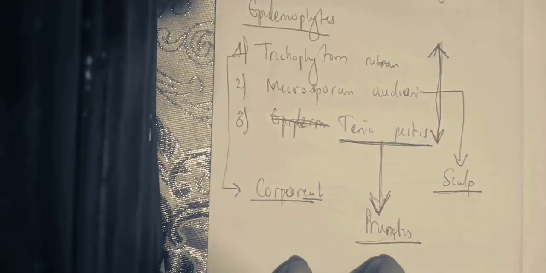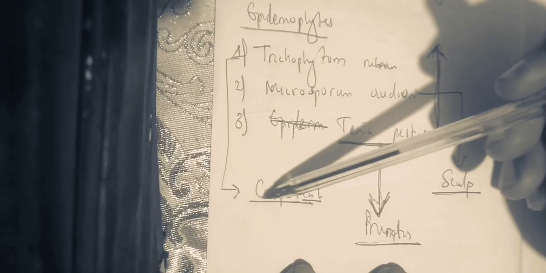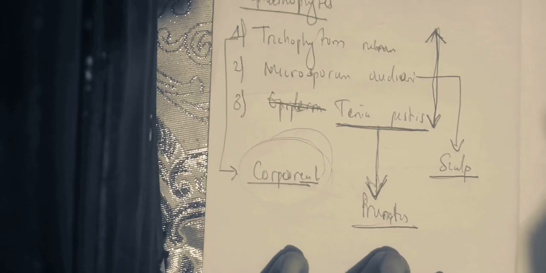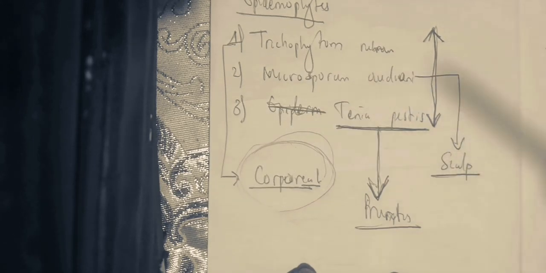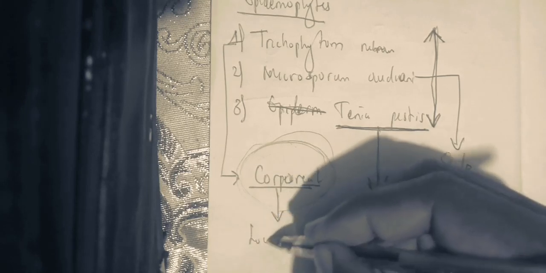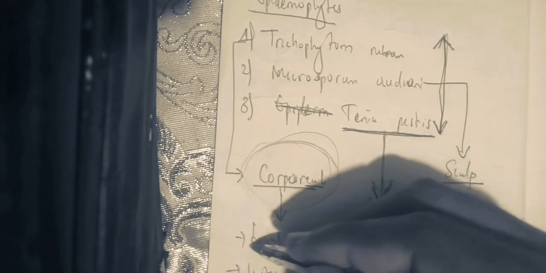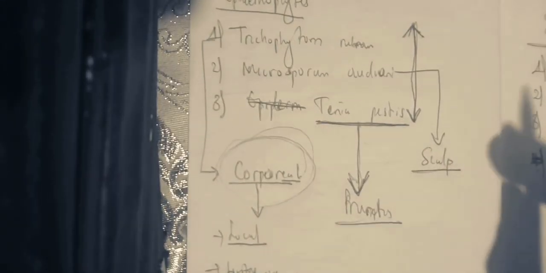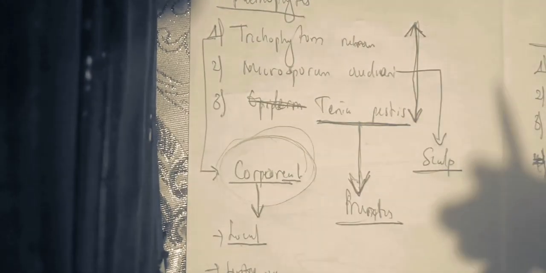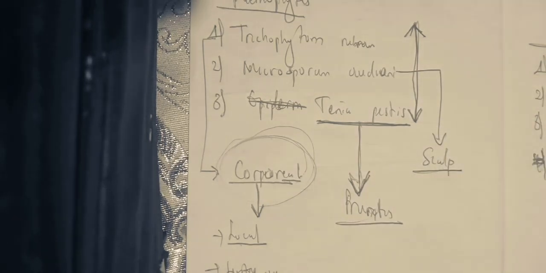In the case of tinea corporis, the best medication is the azoles, like itraconazole, ketoconazole, and fluconazole. You give the azoles locally and also systemically.